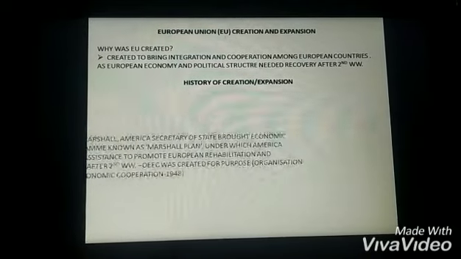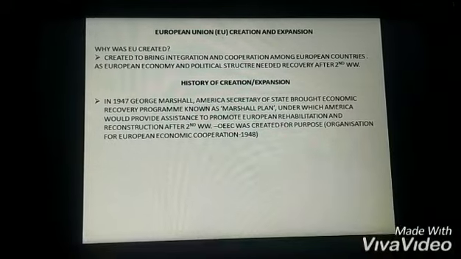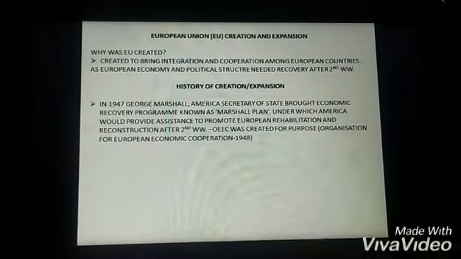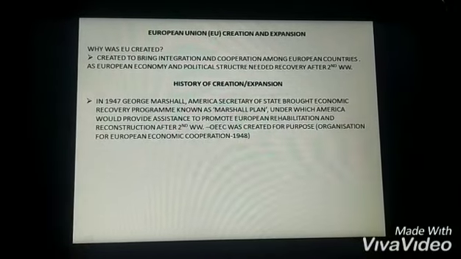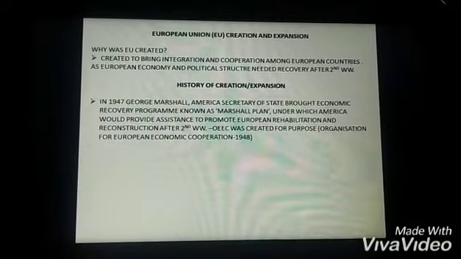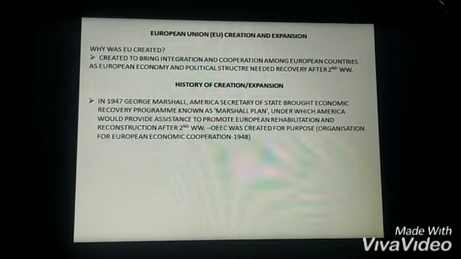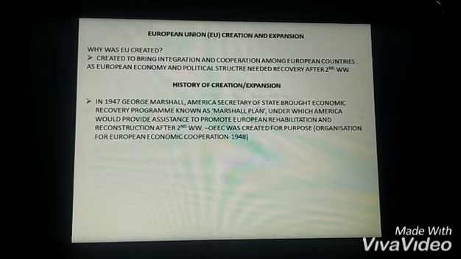So the first, like I've told you, when they were left shattered because of their involvement in the Second World War, the European countries needed an economic setup or economic recovery.